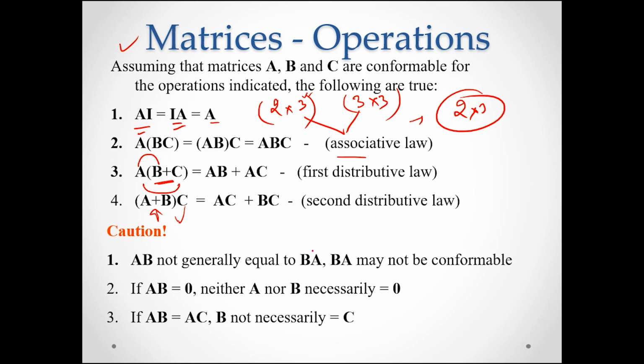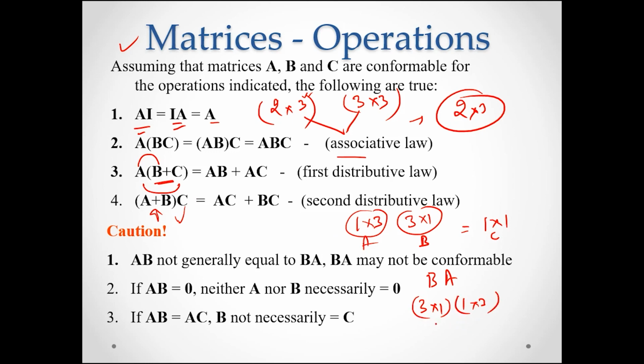Also, AB may not be equal to BA always, because BA may not be conformable. The simplest example is, let's say I have 1 cross 3 and I have 3 cross 1. If I multiply these two matrices, A cross B will fetch me 1 cross 1 as the matrix C. But if I multiply BA, that means I am multiplying 3 cross 1 with a matrix of 1 cross 3.